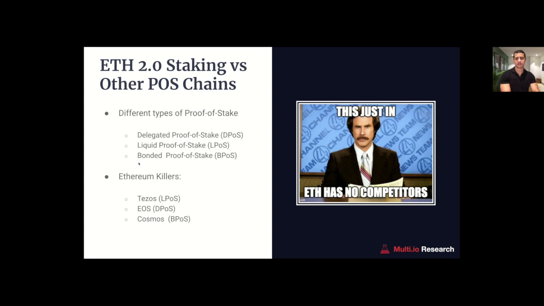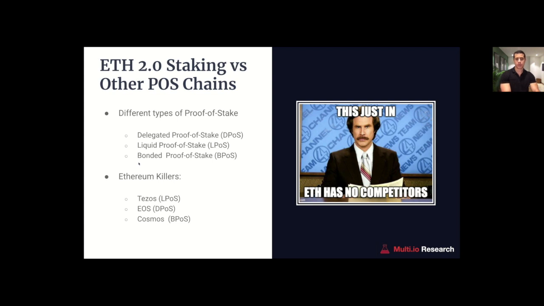This is different from EOS, where once the block producers are voted in, a new person can't just join in like in Tezos. That's why Tezos is liquid. And in Tezos, if the validator misbehaves, the stake of the baker is penalized, but the delegated stake is always safe.